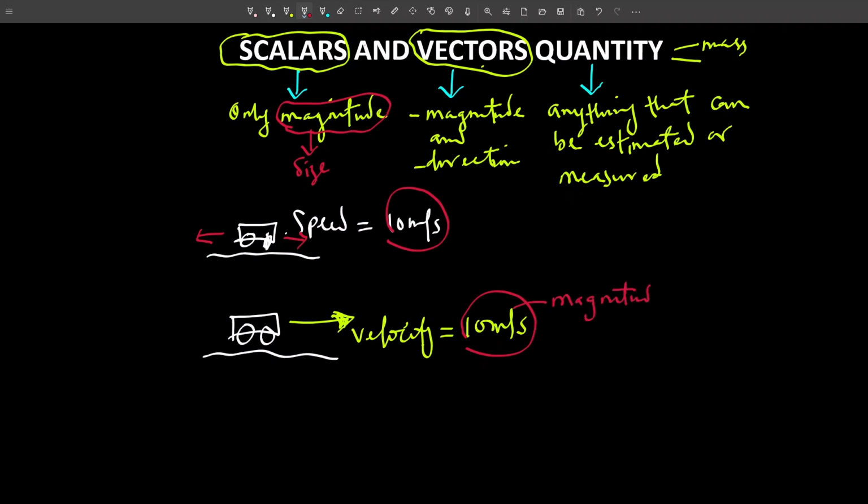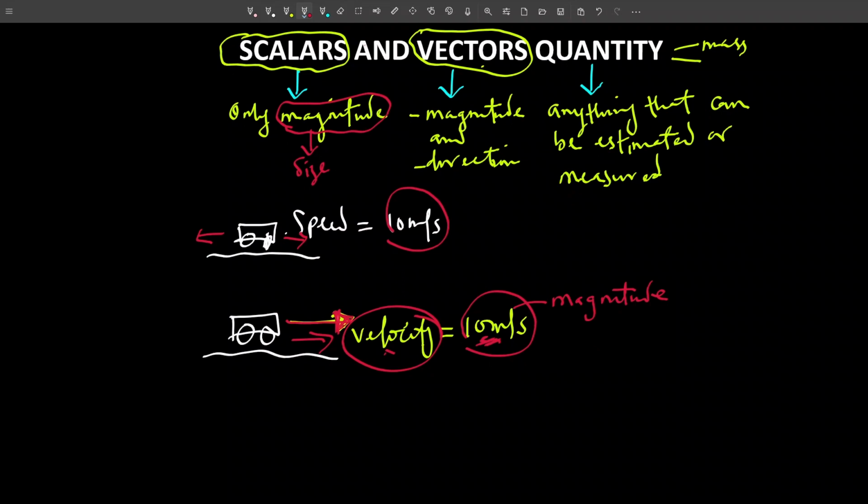And this arrow sign is showing us the direction at which the object, which is the car, moves. So we know two things now from this diagram. One, we know the magnitude of the velocity of this car, and two, we know the direction at which the car is moving. So velocity is showing both magnitude, 10 meter per second, and also what direction. So we say velocity is a vector quantity.